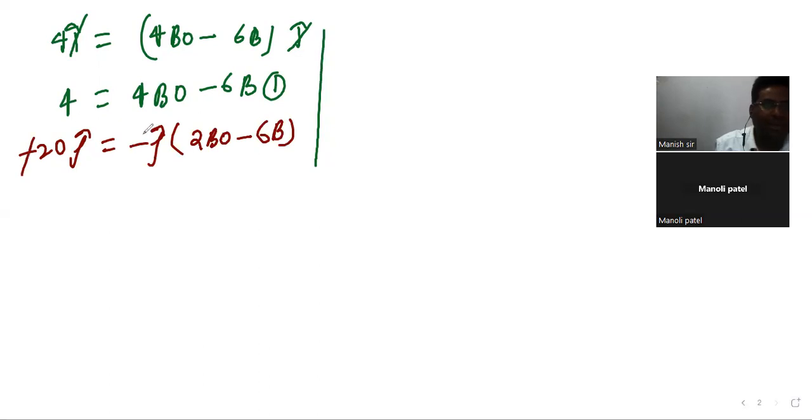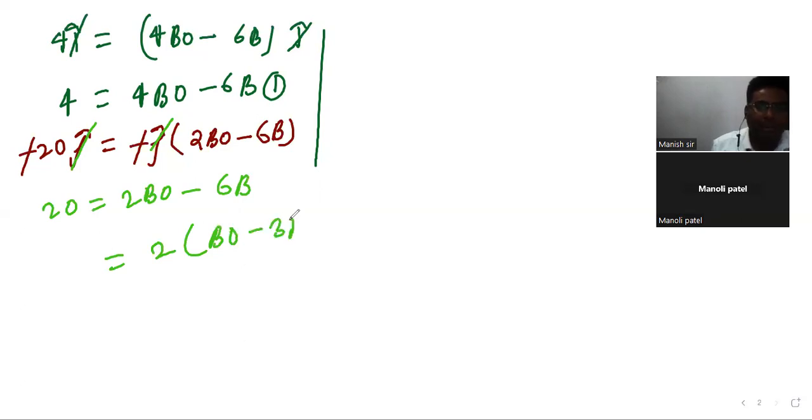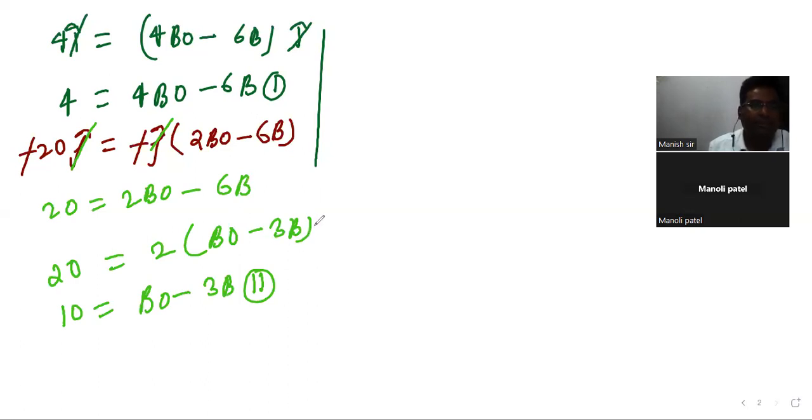So this minus and minus will get cancelled, and J and J also get cancelled. So the remaining is 20 equals 2B naught minus 6B. Take 2 as common, so it will be 2 times B naught minus 3B equals 20. So it is 10 equals B naught minus 3B, right? So this is the second equation.